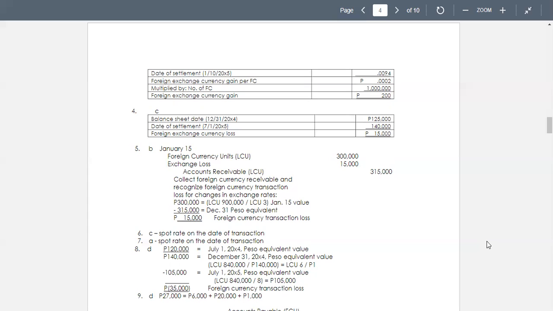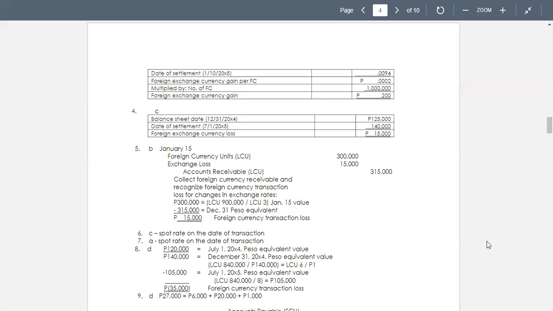105,000. That's the July 1, 20x5 peso equivalent value. 105,000 is taken by dividing 840,000 by 8. So 840,000 divided by 8 gives 105,000. So 140,000 minus 105,000, we have the difference of 35,000.